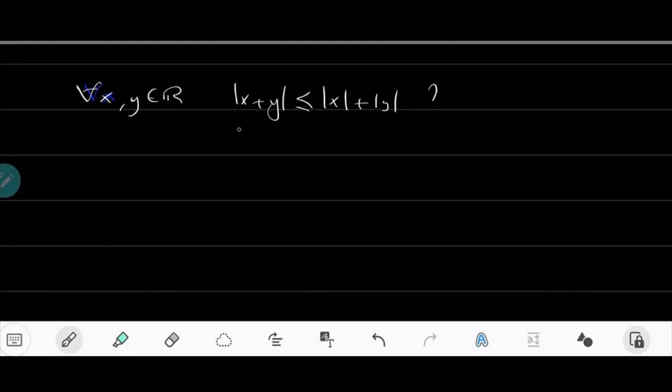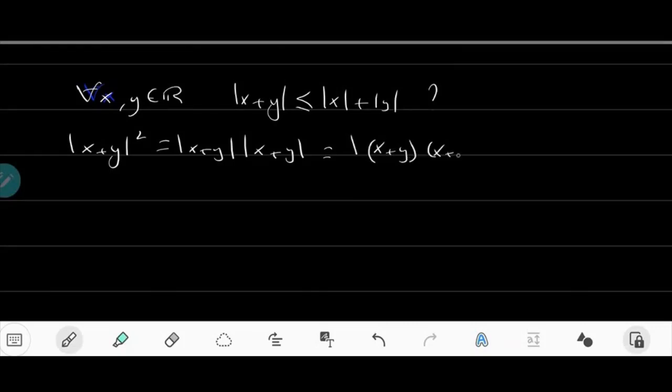First, let me take the first term, x plus y squared. If you're watching the video, please pause it and try to do it yourself, and then come back and see the proof. But I will continue it right now. So the absolute value of x plus y squared is equal to the absolute value of x plus y times the absolute value of x plus y, because it's the square of the absolute value.